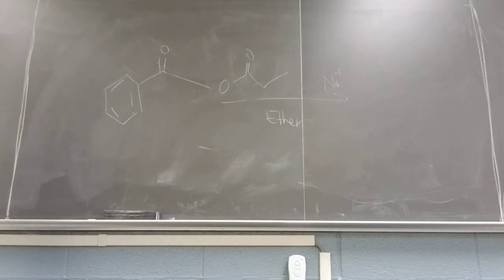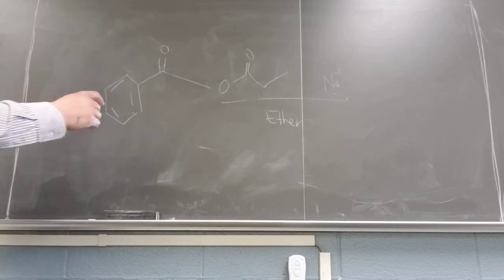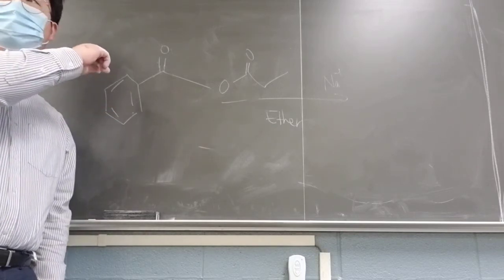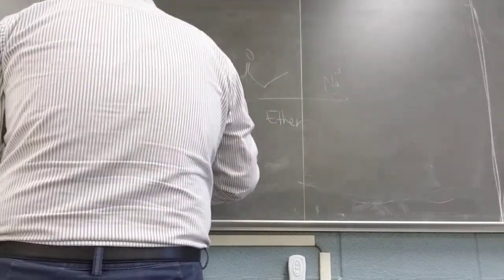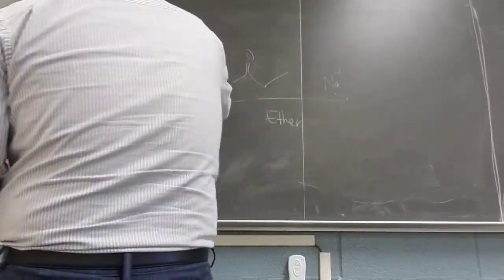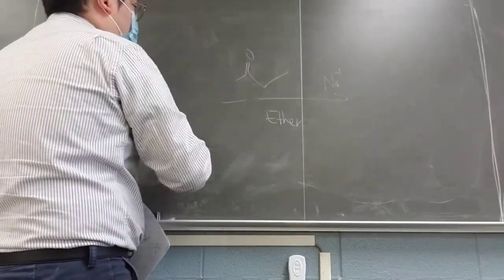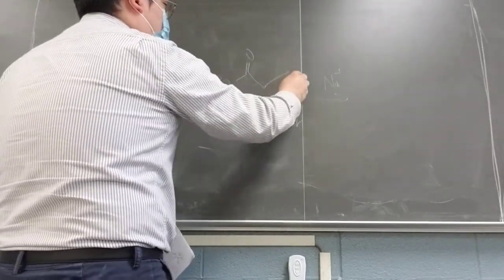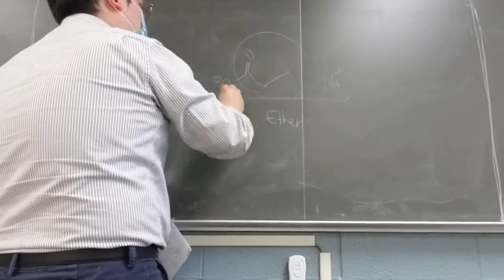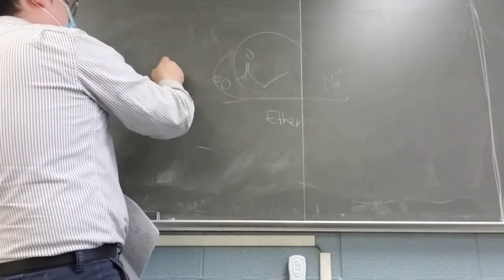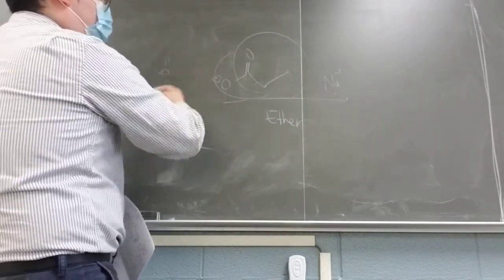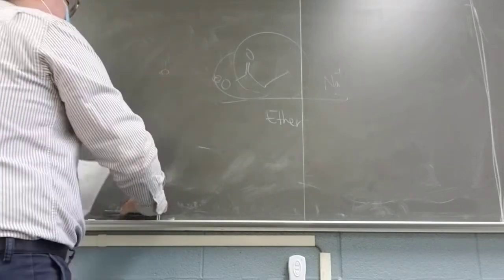That's it. Makes sense, right? Okay, so I can move on. Here's the thing: whatever the carboxylate group is, it goes to the very electron-poor carbon and just removes the halogen group. That's it.